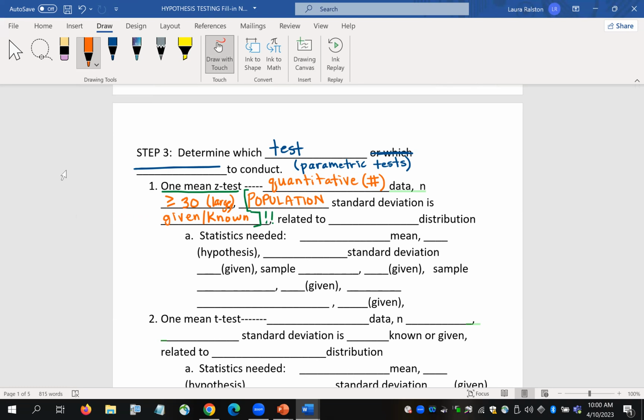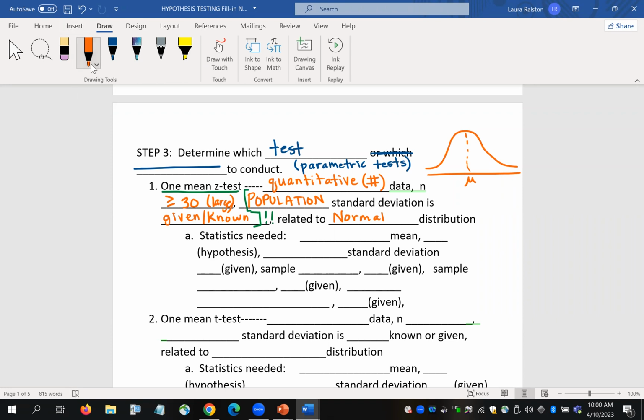But for us, that's going to be the determining factor. The one mean z-test is related to our normal distribution that we've been talking about. Remember, with our normal distribution, we have that nice bell-shaped continuous curve that is symmetric about its mean.